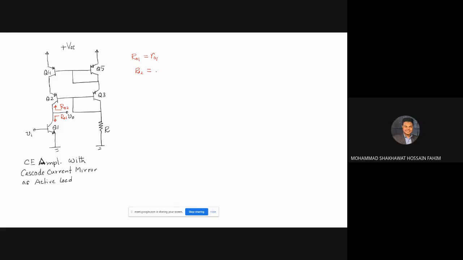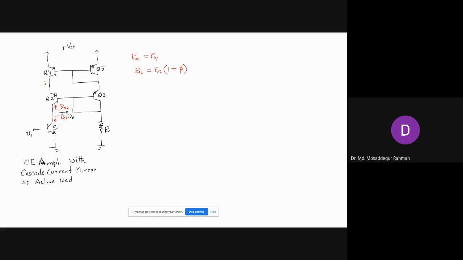Sir, R02 plus R04. Okay. The cascode configuration has an output resistance of R0 times 1 plus beta. So that is the output resistance of the cascode current mirror that we have discussed before.